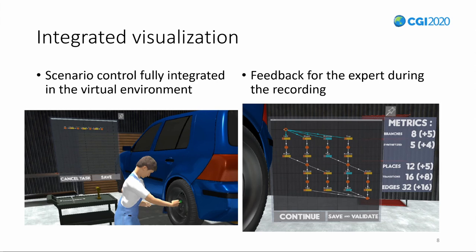And those numbers are also complemented with the number between parentheses, which indicates the evolution of those metrics between the current iteration and the last one.